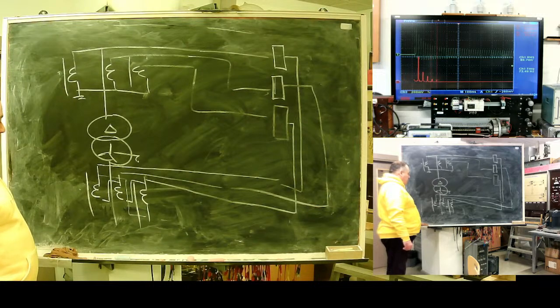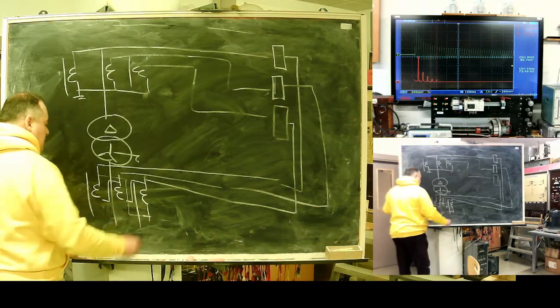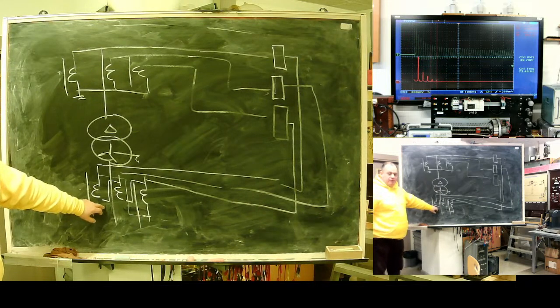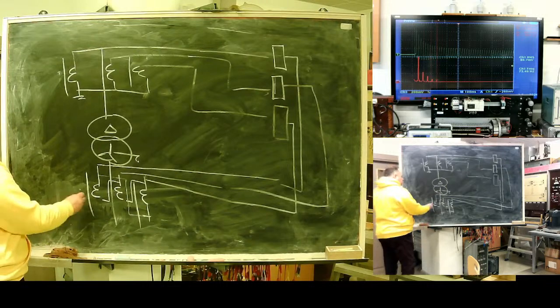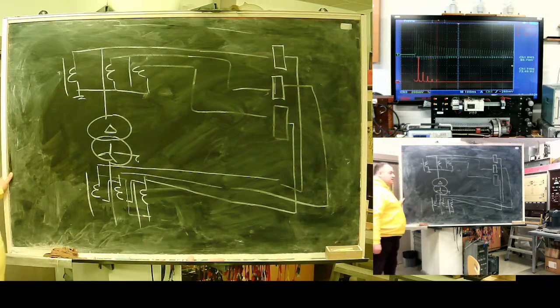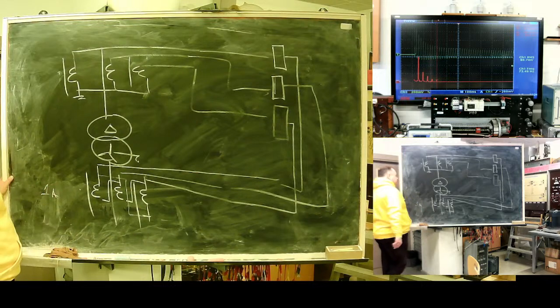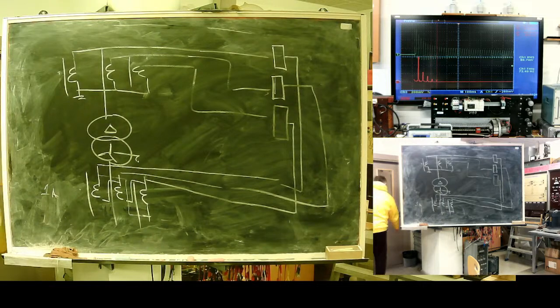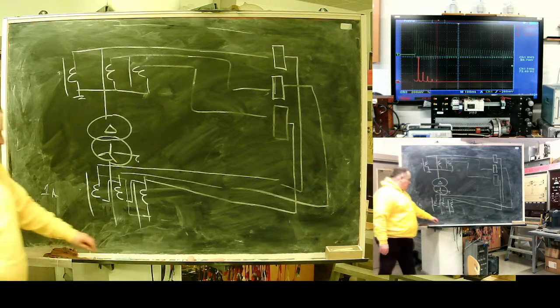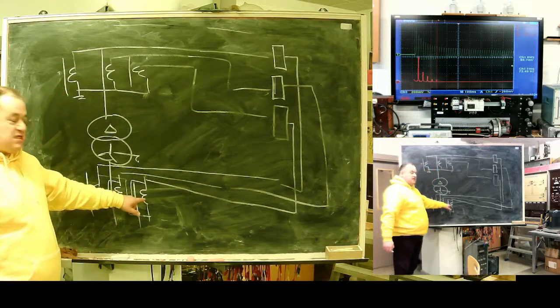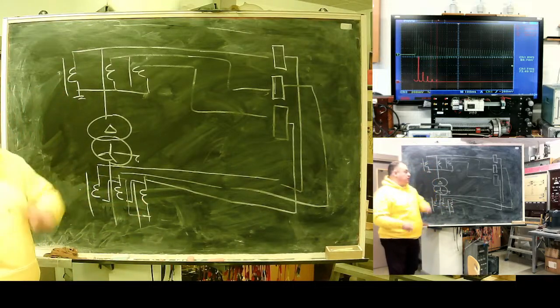It's highly likely that this side will have built-in current transformers with rated current 1 amp, and this lower side 5. In such case, these are not simple current transformers built in.